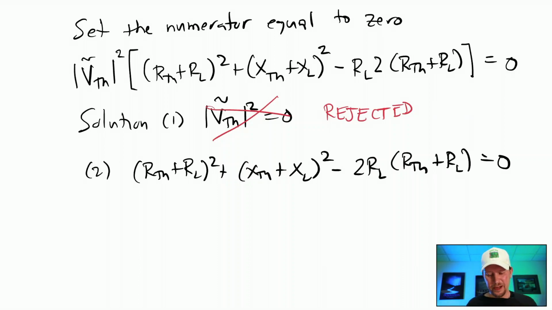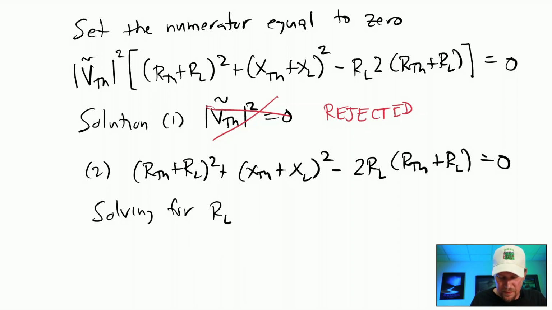Now, this might look like a horrendous mess, and it kind of is. Keep in mind that we're also solving for a constraint on R load. But there's a few things that are going to be very nice.